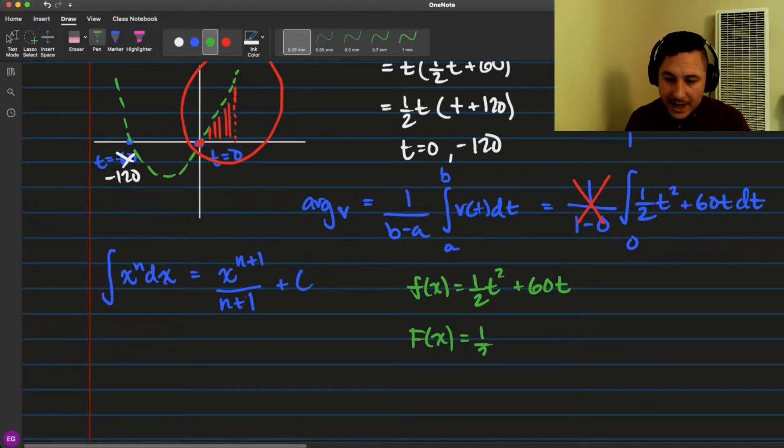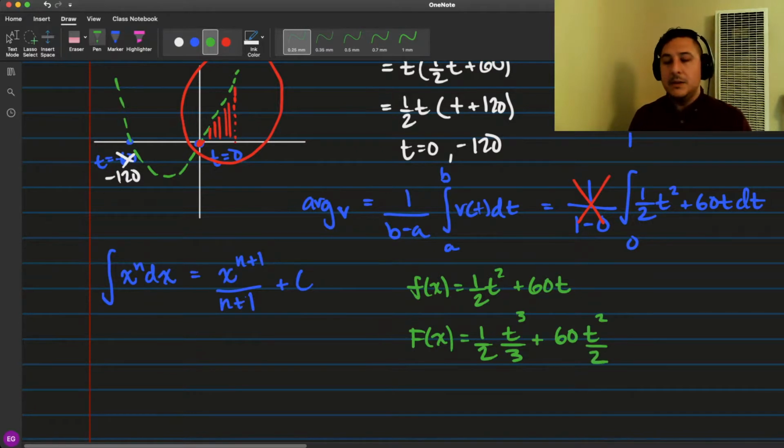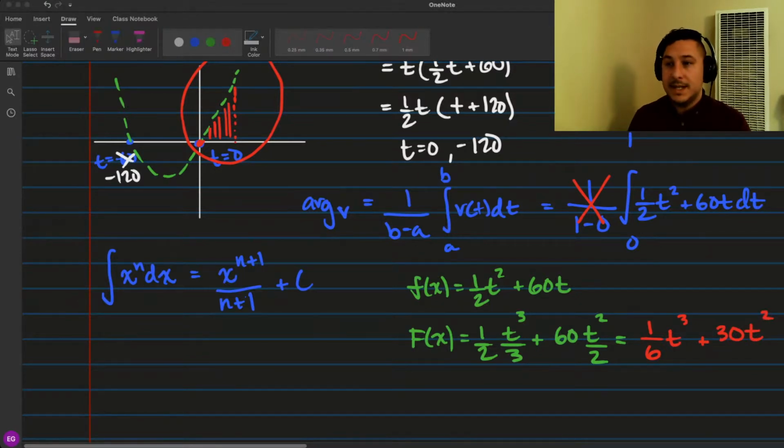We'll have 1/2 and then t cubed divided by 3, plus 60 times t squared divided by 2, which is going to be 1/6 t cubed plus 30 t squared. All right, that's our antiderivative.